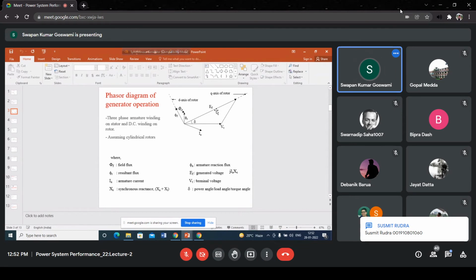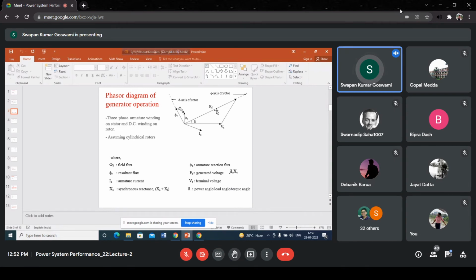Synchronous machines will have other types of reactances also, like transient reactance and subtransient reactance, when the machine speed is not synchronous. We shall be talking about those reactances later on when we study stability. But now we are talking about the steady state performance of the synchronous machine.